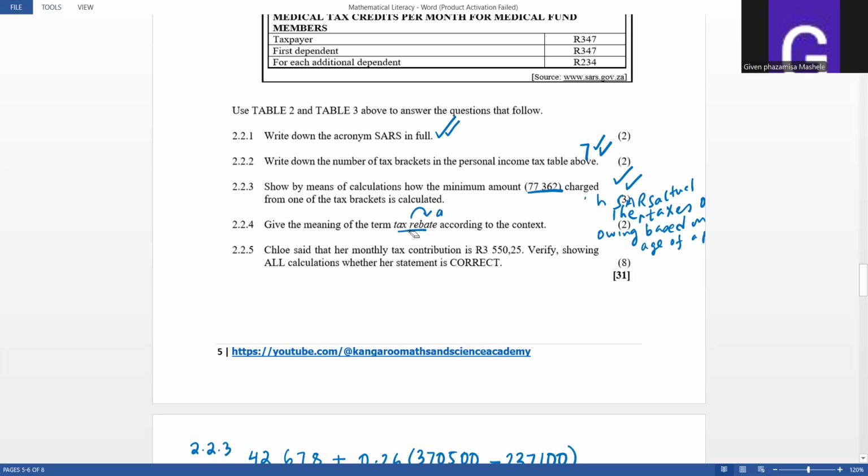So now, what is the next question? The next question says, Chloe said that her monthly tax contribution amounted to 3,550 rand 25 cents.